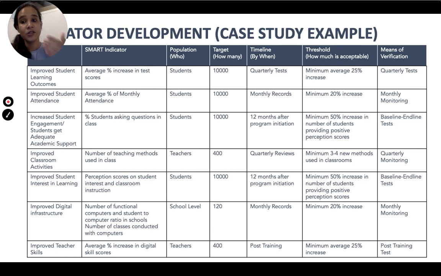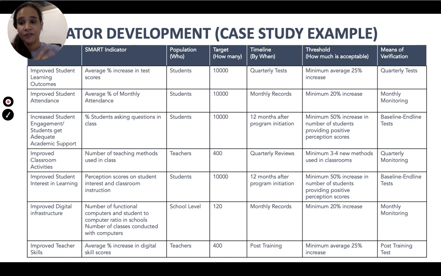In terms of improved student interest in learning, again, we've relied on perception scores 12 months after. So basically, here we're doing a baseline and endline on how interested you are in the classroom, and then we're looking at it 12 months after.